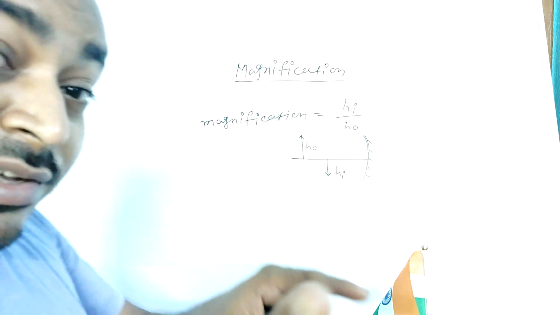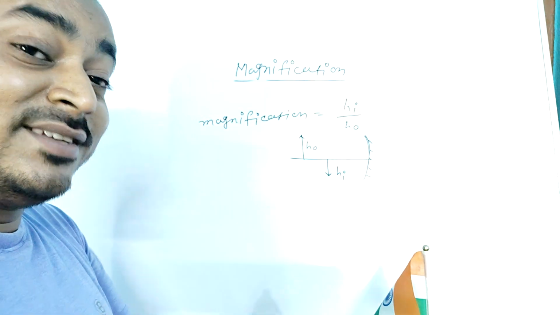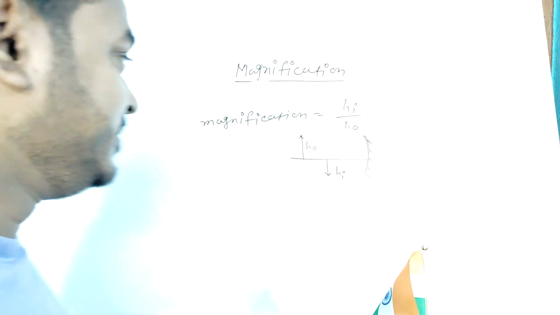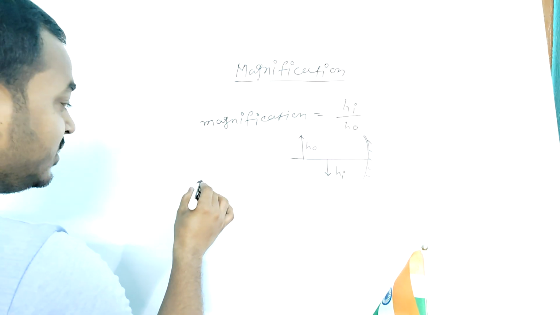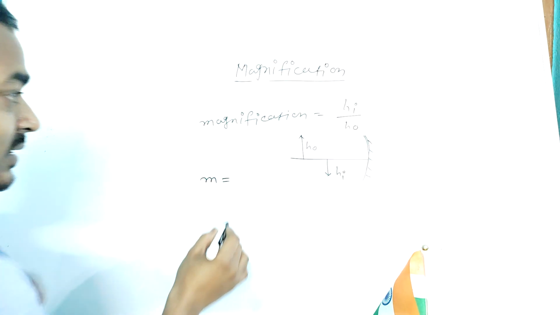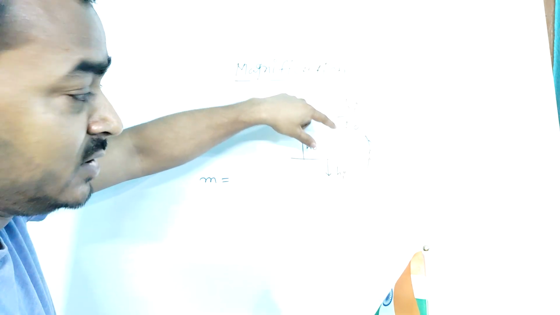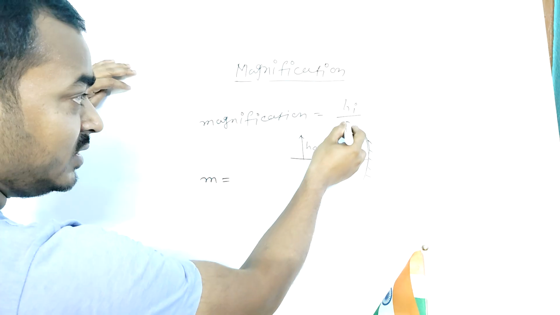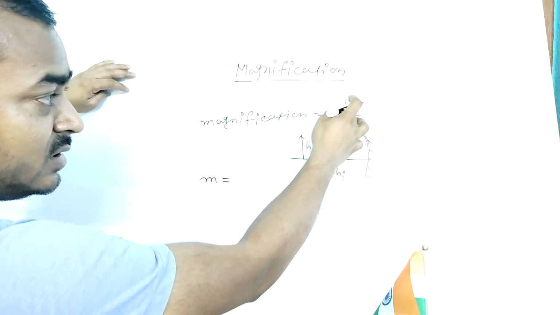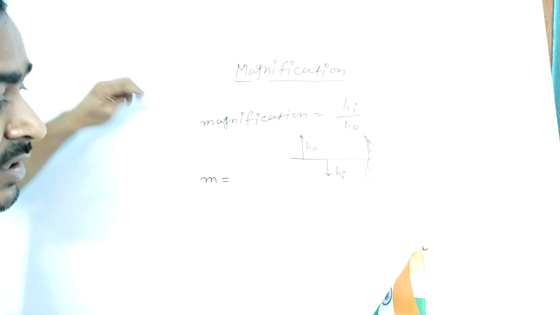So see, we have to consider the sign also. That is the reason we discussed sign convention so many times. So magnification is denoted as M, height of the image by height of the object. So height of the image is the numerator, and height of the object is the denominator.